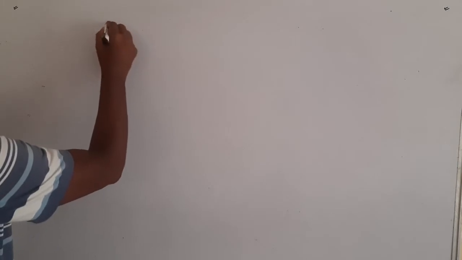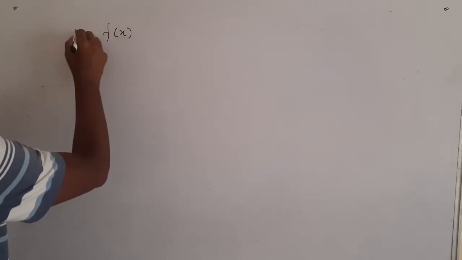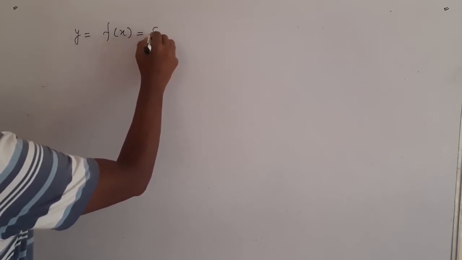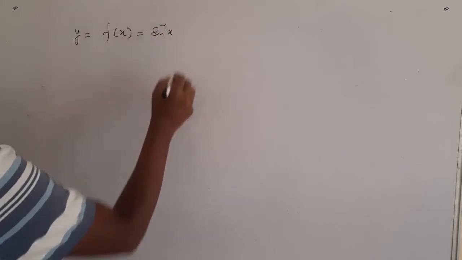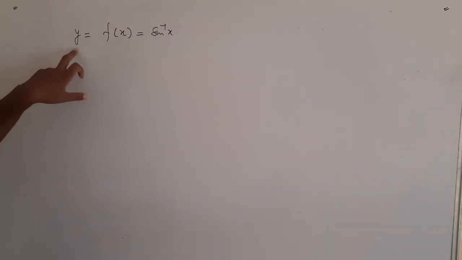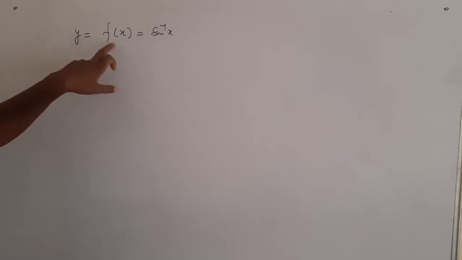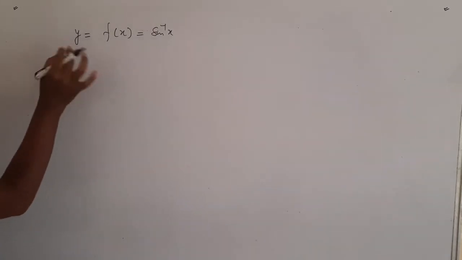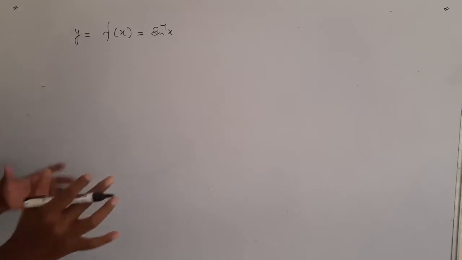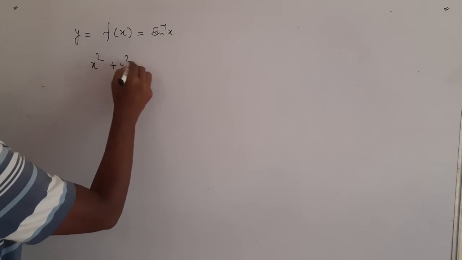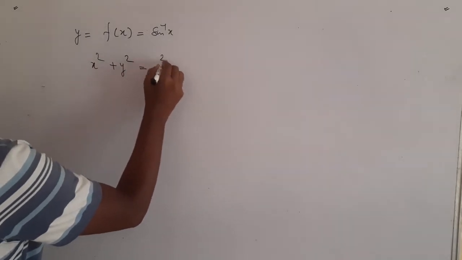When we write y equal to f(x), and suppose f(x) is sine inverse x, this is called an explicit function because y has been given explicitly as f(x). Implicit functions are those where instead of a direct function, you are given a relation like x square plus y square equals a square.